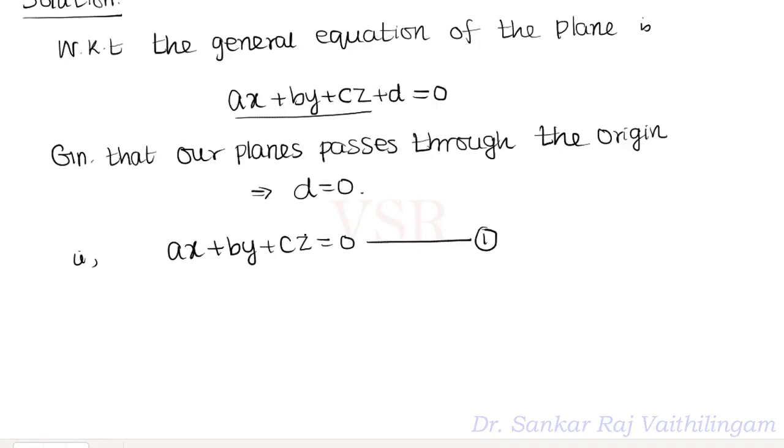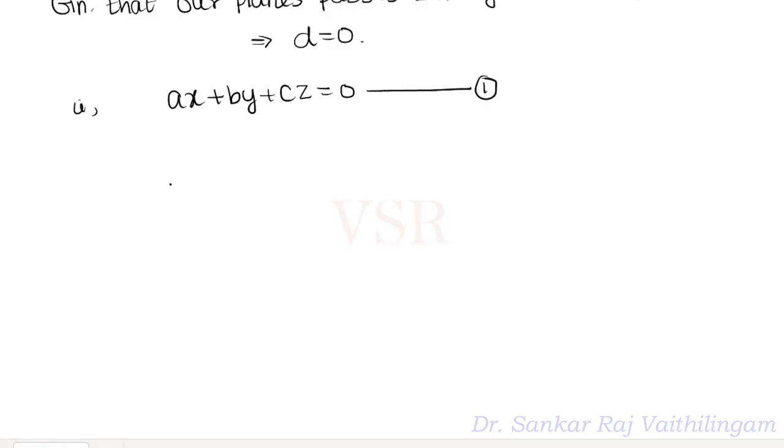Now what am I going to do? Differentiate this one with respect to x. What do we get? Differentiating with respect to x, we get a plus 0, and here c into dz divided by dx, which must be equal to 0.